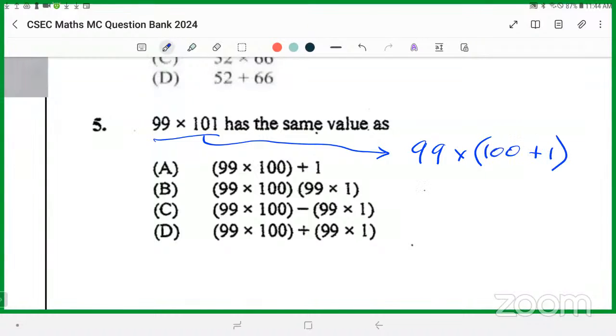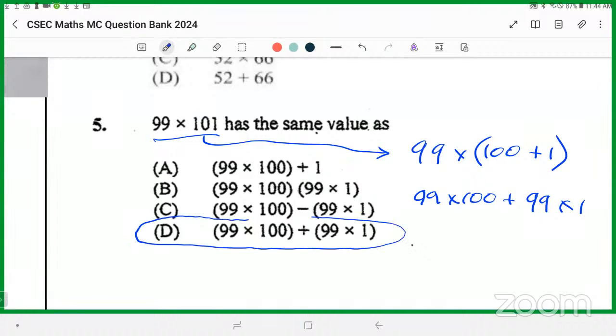So it becomes 99 times 100 plus, expanding, 99 times 1. See that? So which one is that? The last one, right? Don't give it away now, guys. Don't get these things wrong. Too easy.